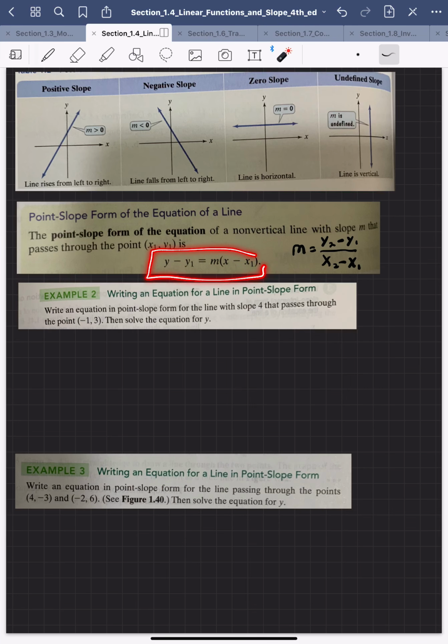Look how similar these look. Maybe no one's ever showed you this. They look pretty similar to me. In fact, if you just multiply both sides of this equation by this denominator, this denominator would move right here. That's exactly what you would have, is a point slope form. So from the slope, you can get to a point slope form.